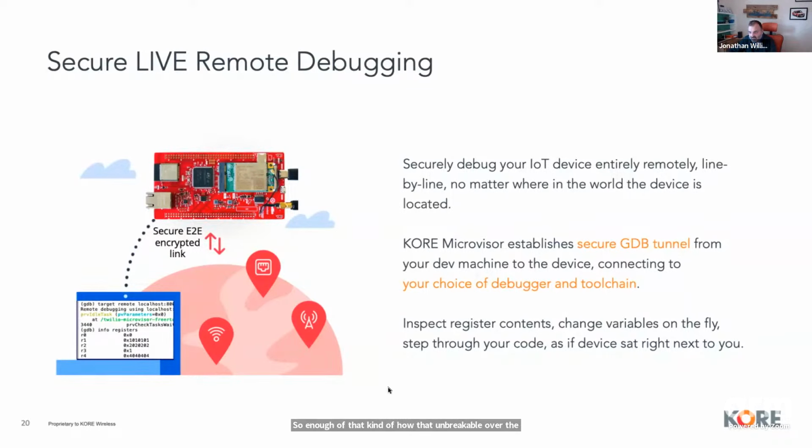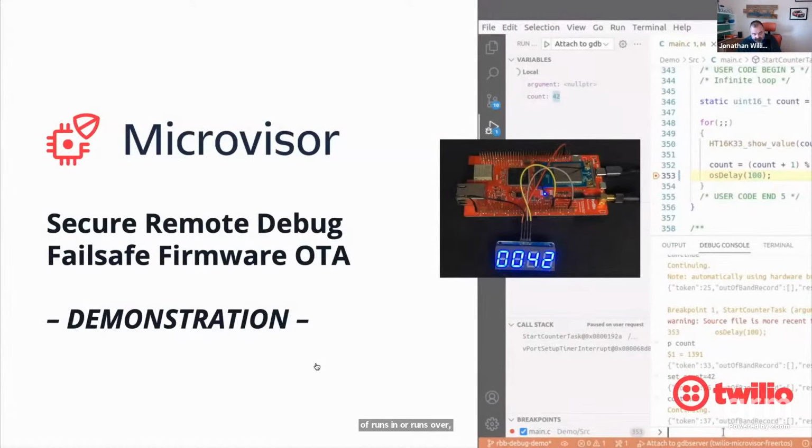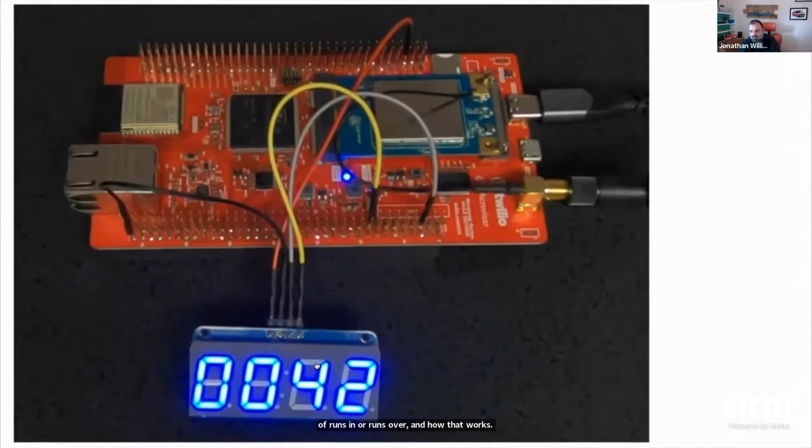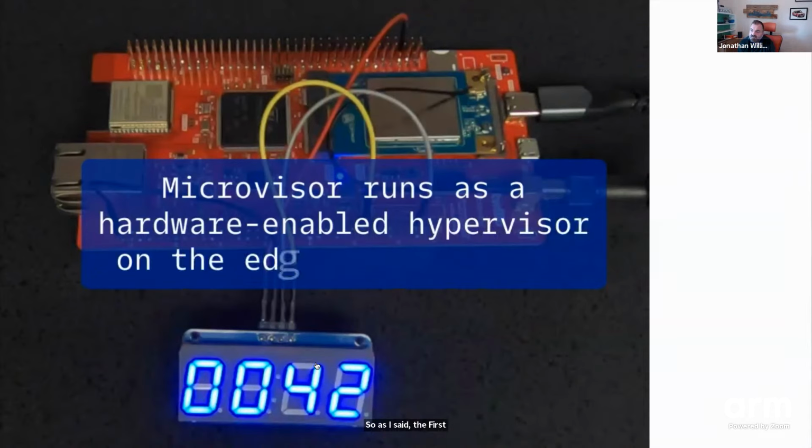I've got a quick video demonstration here that runs over how that works. Again, you'll see bits of Twilio mentioned here, but this is obviously now part of core. As I said, the first device that we support is the STM32U5 IC, which you see in the middle of this board.